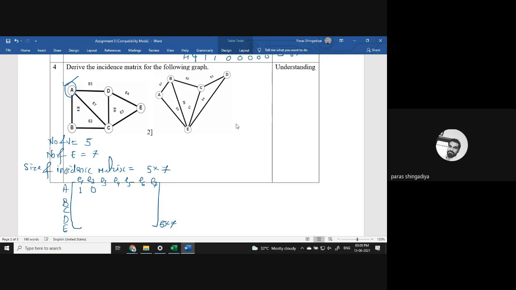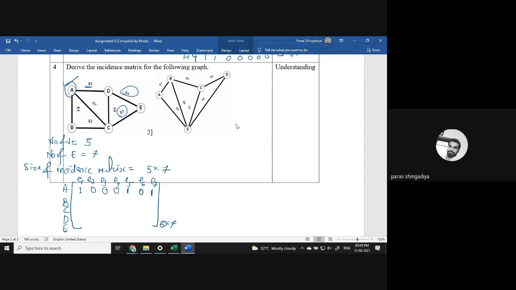Similarly, A E3 they are not in incidence relation, it is also 0. A with E4, it is also not in incidence relation, it is 0. A with E5, they are in incidence relation, that is E5 here, so it is 1. A with E6, it is also 0, and A with E7, that is 1.